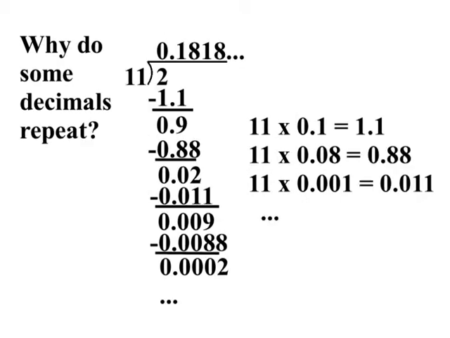When we get into decimals, we get into repeating decimals. Why do we get repeating decimals when we do certain division problems? Take a look at what happens when we divide 2 by 11. 11 times 0.1 is 1.1.